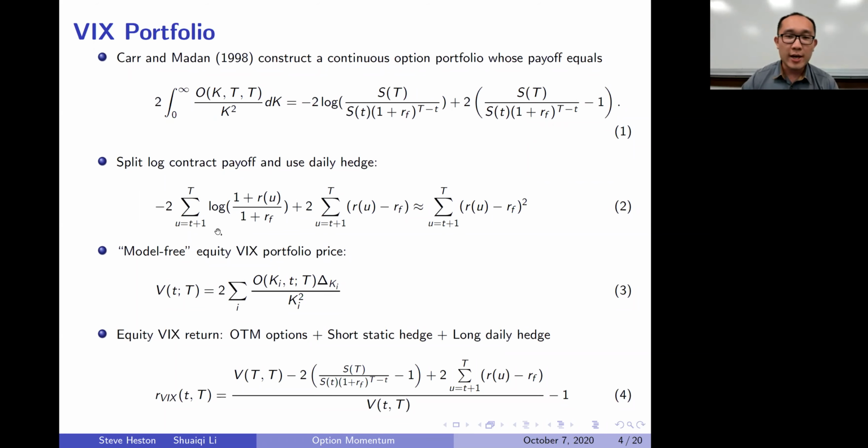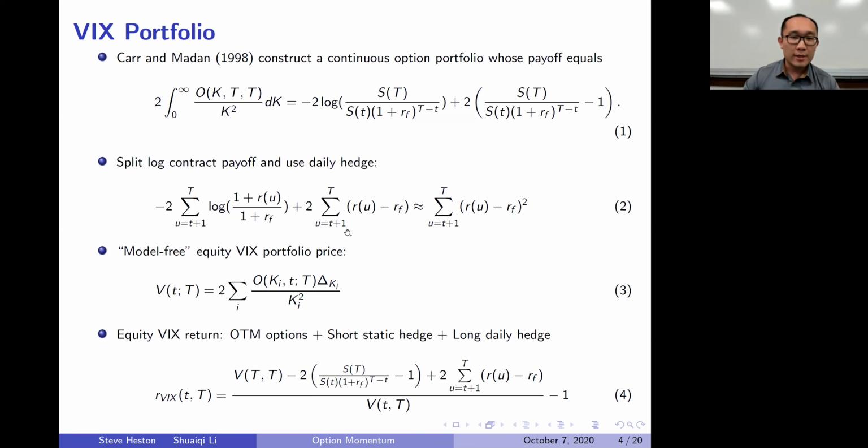This daily hedge is model-free because the delta of the log contract payoff is 1 over S, equivalent to investing $1 in the underlying stock each day. And we apply Taylor's expansion daily. The left-hand side would approximately equal the sum of squared daily returns, which is the realized variance of the stock.